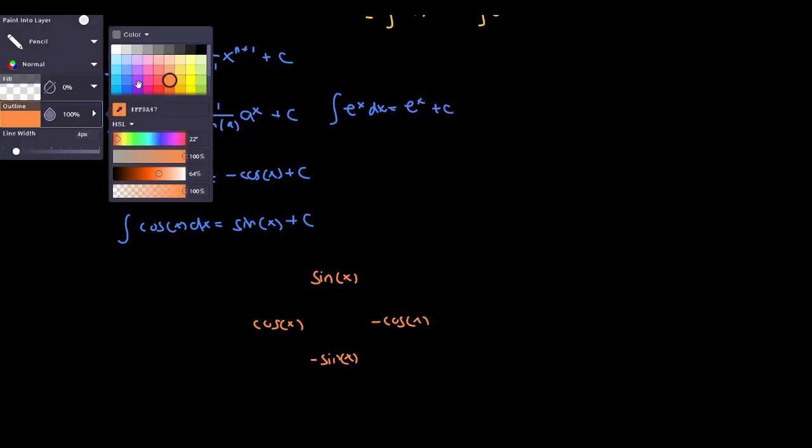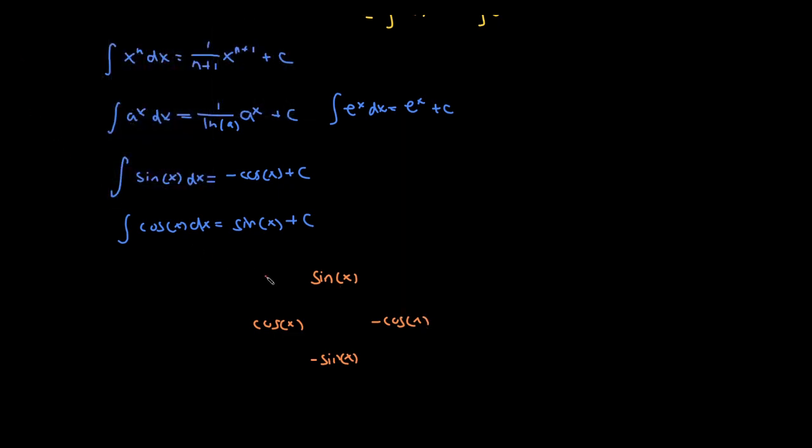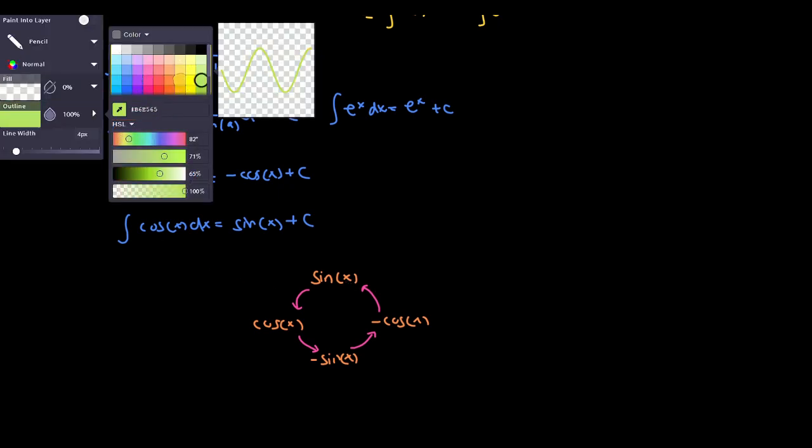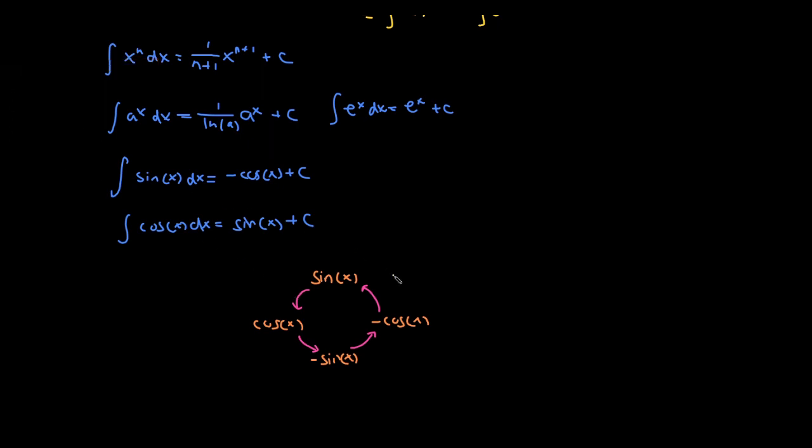So one way around the circle will be differentiating. If I differentiate sine, I get cosine. If I differentiate cosine, I get negative sine. Differentiating negative sine gives me negative cosine. And for negative cosine, the derivative becomes sine. But if I take integrals, then this flips around, right? If I take the integral of sine, I get negative cosine.